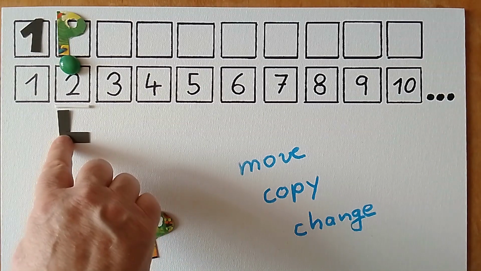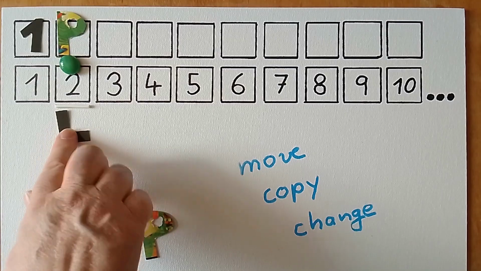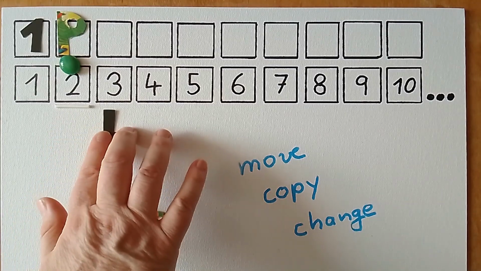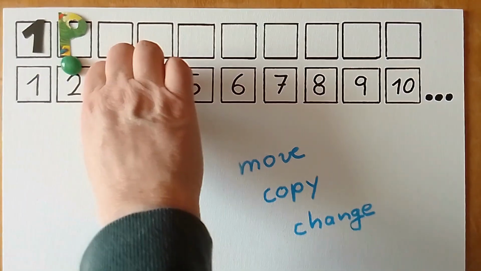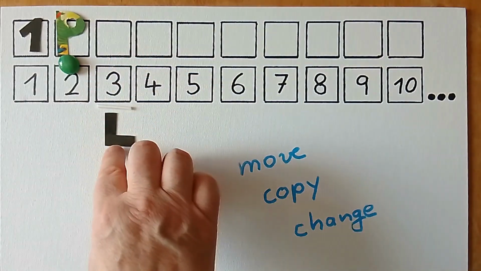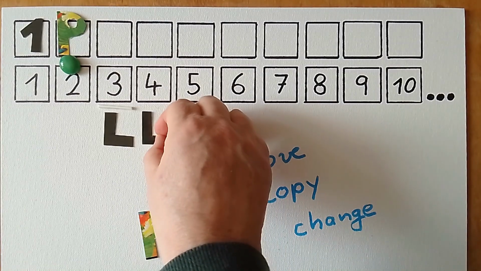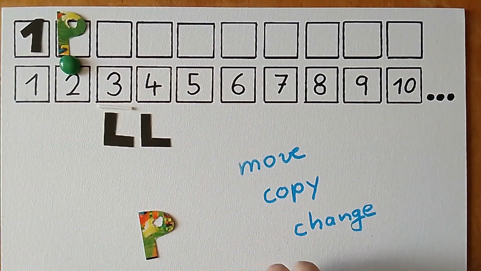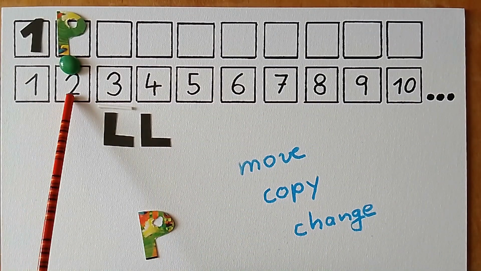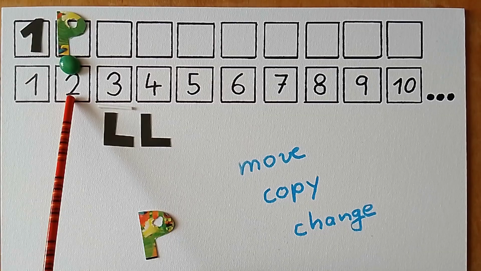I move the L to the end of itself. Fractal process copy. So I put another L because it's supposed to be 2, the pattern.